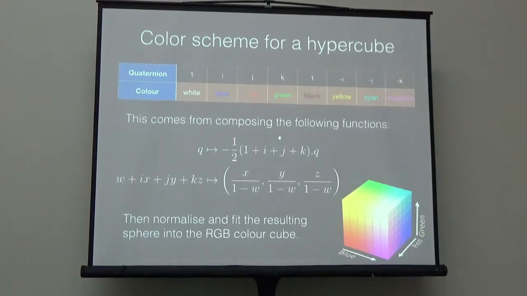And the reason that we do this rotation first is that these 8 points end up arranged at the corners of a cube and not getting sent infinitely far away. And the reason that I'm interested in that is because then I've got these points. I'm going to normalize them. So I'm in R3. I'm going to take all of those vectors and make them length 1. And so then I've got a 2-dimensional sphere, and then I can fit that 2-dimensional sphere inside of the red, green, blue color cube.